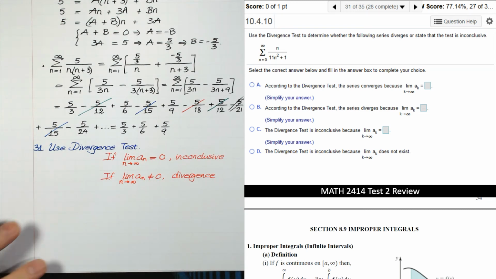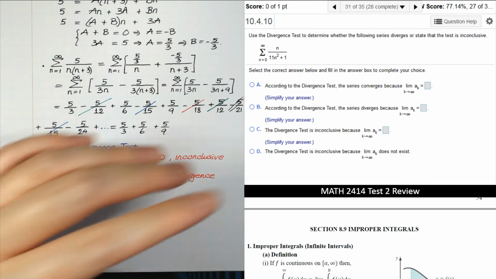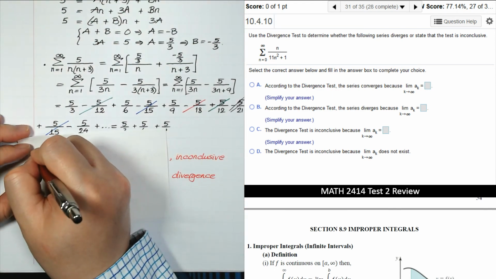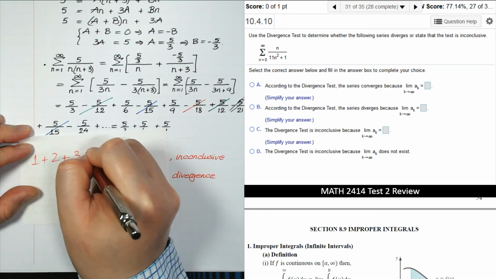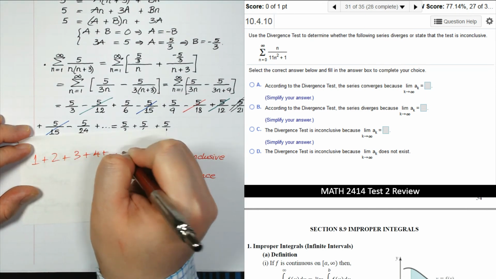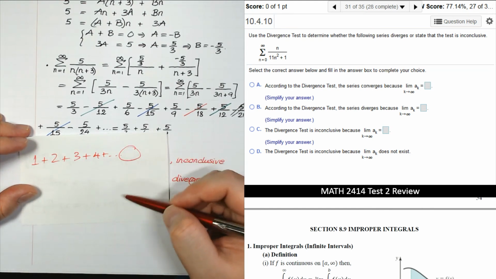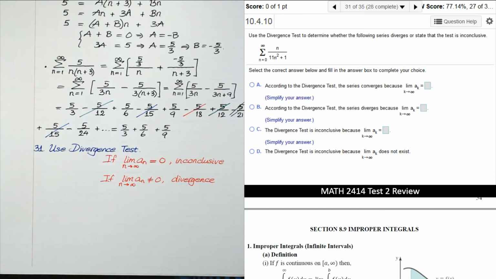Now that is rather simple. If we're talking about a series, we have a very long series. If the last term does not go to 0, this series just keeps changing. We'll have to have the last term go to 0. I mean, when n goes to infinity, the sequence approaches 0.